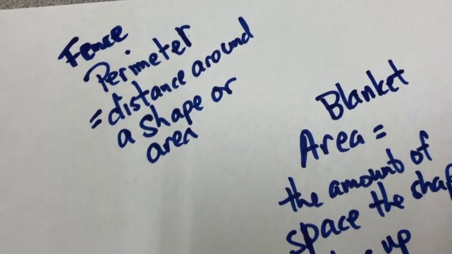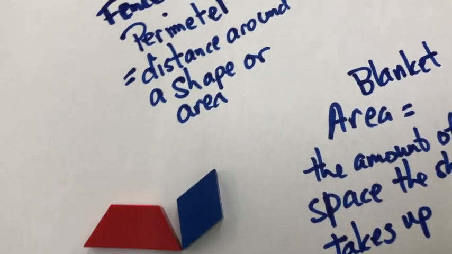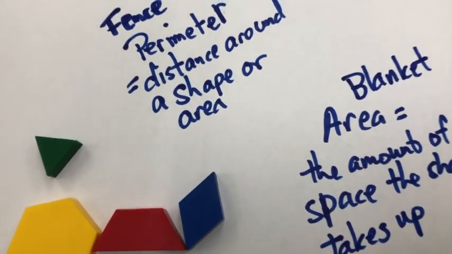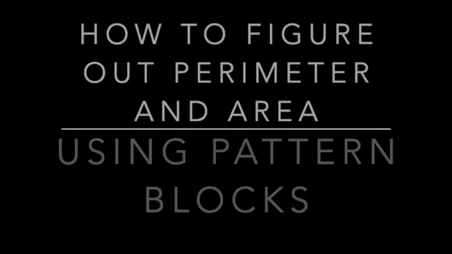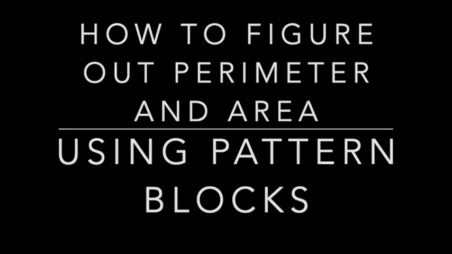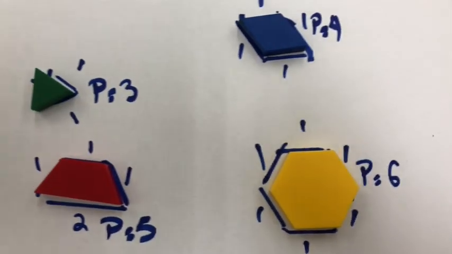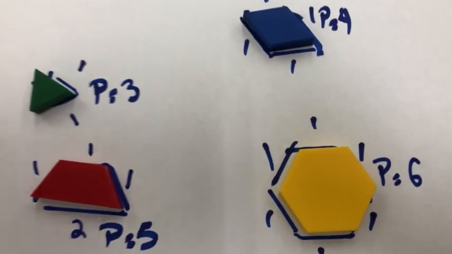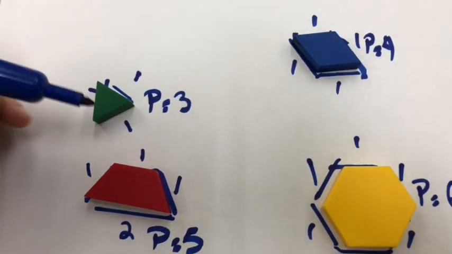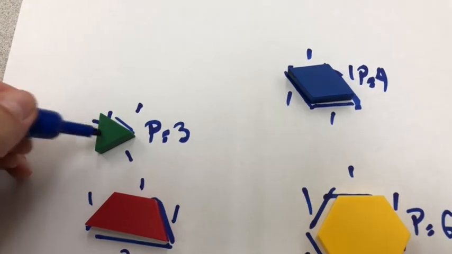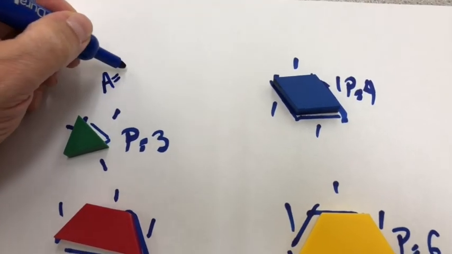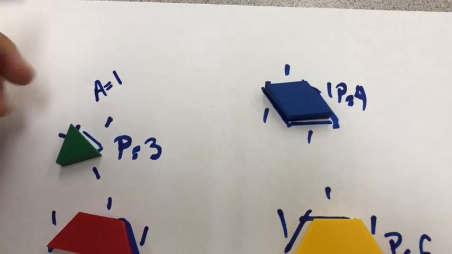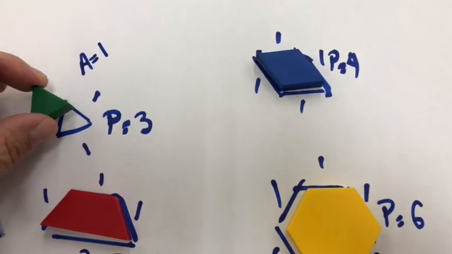Next, I'm going to show you what each of the shapes we're going to be using are for this activity, and I'll explain how to measure using our green triangle. If I talk about area, that's almost the same thing. If I use my green triangle as my reference point, we can assume that this green triangle takes up a surface of 1. So the area of our green triangle is 1, okay?